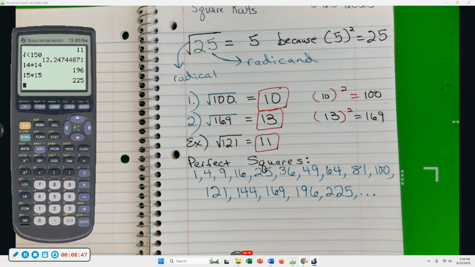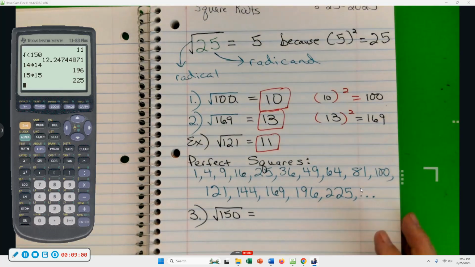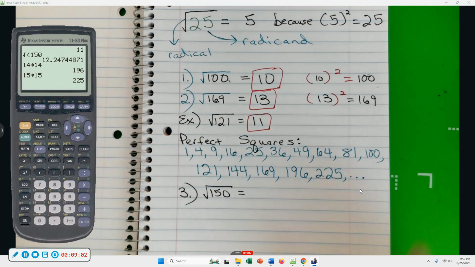So number 3 was what? The square root of 150? What did they ask for? The square root of 150? Okay, I think I heard someone answer your question. What's the biggest? Okay, you got it.